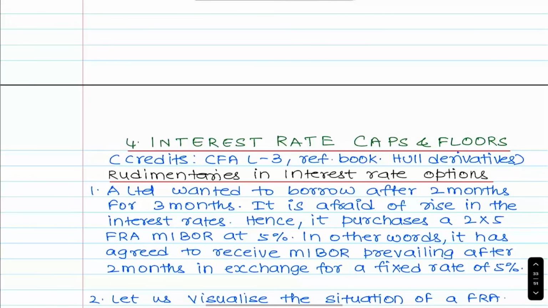So by the time a student is listening to caps and floors, it is a prima facie assumption from my side that you have already completed FRA, you have thorough knowledge of FRA, you have completed all the basic lectures on interest rate swaps, and thorough knowledge on transformation of asset and liability. If you did not complete those, doing this has no meaning. Please ensure that you completed those before listening to this, or else you will get confused unnecessarily. Read the question now.